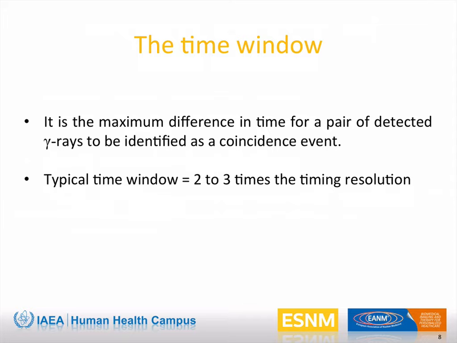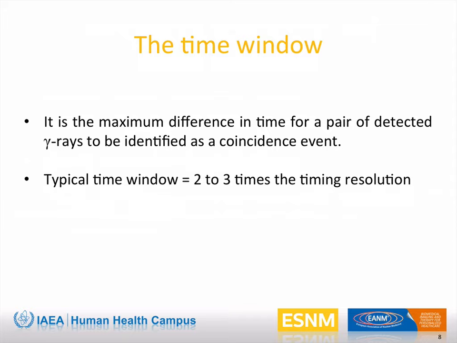In order to avoid missing coincidence events, the time window should be at least 2 times the time resolution, or tau. Typically, for a BGO-based PET system, tau is approximately 5-6 nanoseconds full-width at half maximum, while it is reduced using lutetium-based scintillators down to 2-3 nanoseconds.